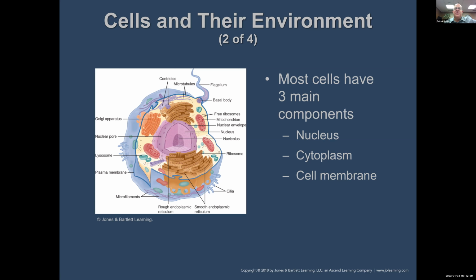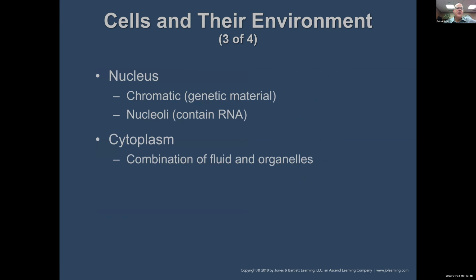And then the nucleus, which is the heart or the main brain of the cell. Obviously, there's not a brain, but the nucleus is where all of the RNA gets housed. And then that can turn into DNA with the double-stranded helix. We'll talk a little bit about that too. So again, the nucleus has the genetic material. The nucleoli has the RNA in it. That's where that first genetic component will live.